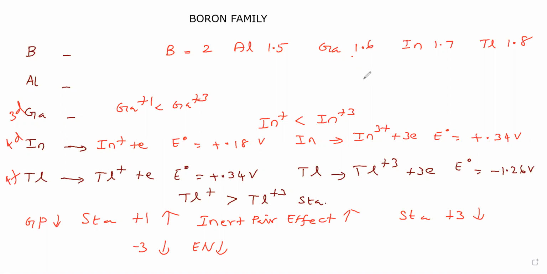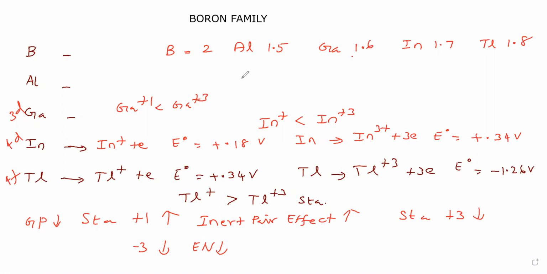You see the electronegativity. What we said here? Minus 3 stability decreases down the group because electronegativity decreases. Okay, see, boron to aluminum decreases. Then from aluminum onwards, it increases by 0.1 unit.